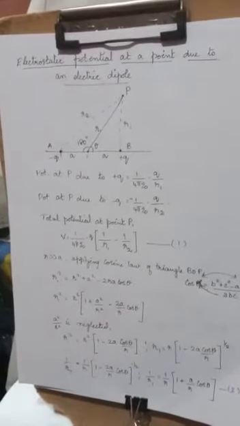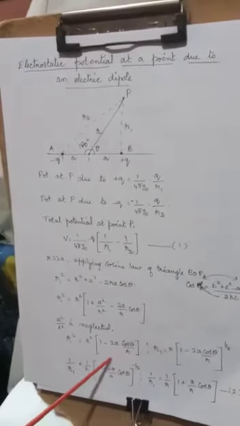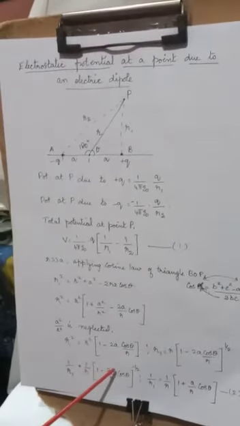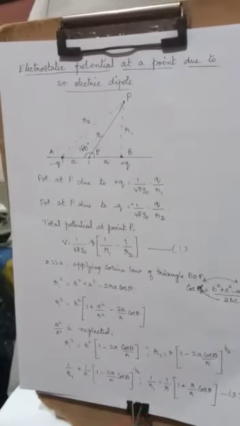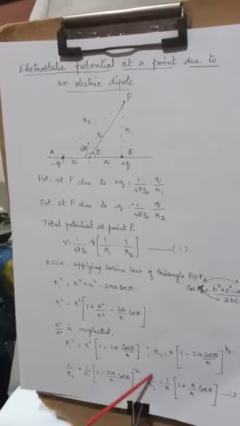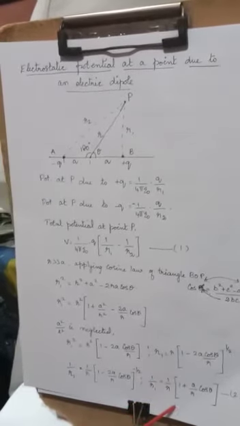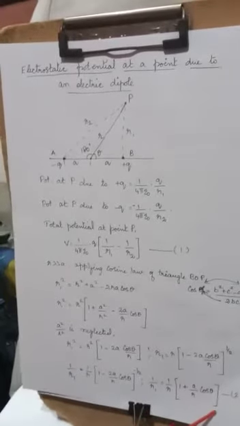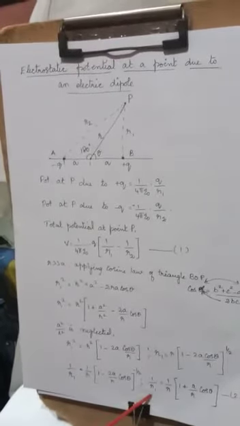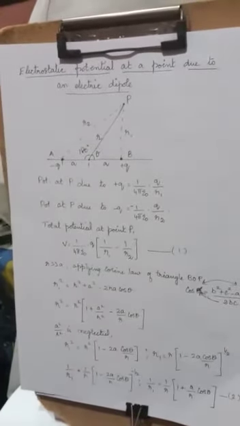The higher terms can be neglected. So with minus 1 by 2, the 2 and 2 get cancelled, and minus gives you plus. So 1 by r1 is equal to 1 by r into 1 plus a by r cos theta. Whatever we have found out here is only 1 by r1. Like this we need to find 1 by r2 also.